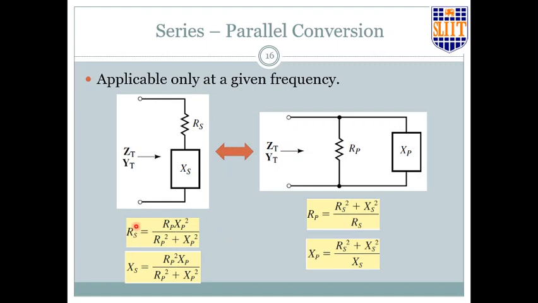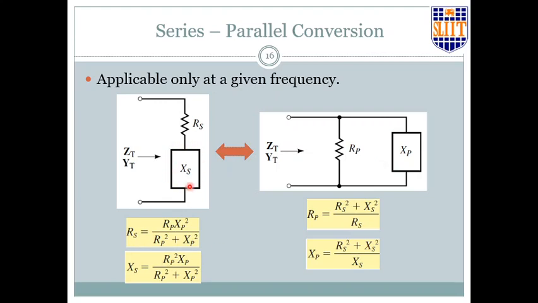So to convert from parallel to series, look at this. For resistance, the resistance comes at power 1 and impedance goes at power 2. For impedance, it is the resistance power 2 and impedance power 1. In the denominator, you have the resistance squared plus impedance squared addition. Now this is in the scalar domain without j.